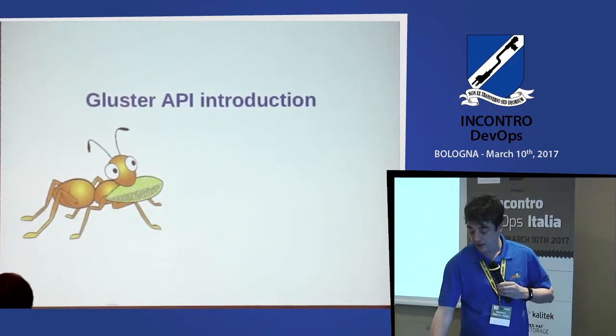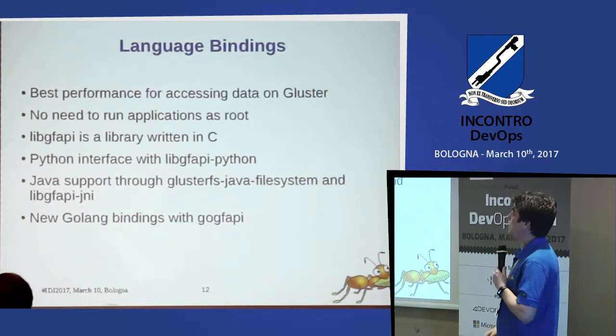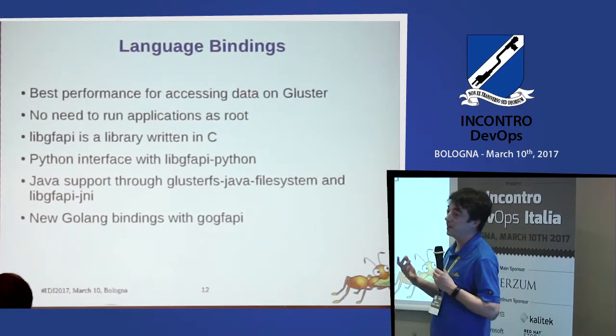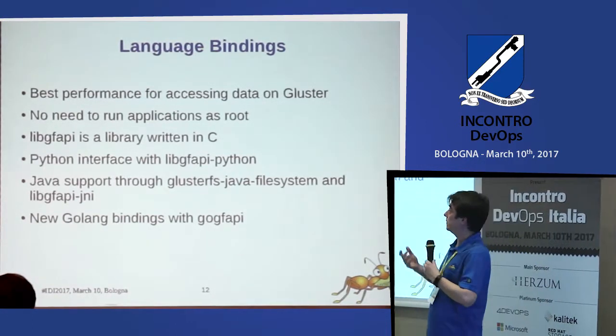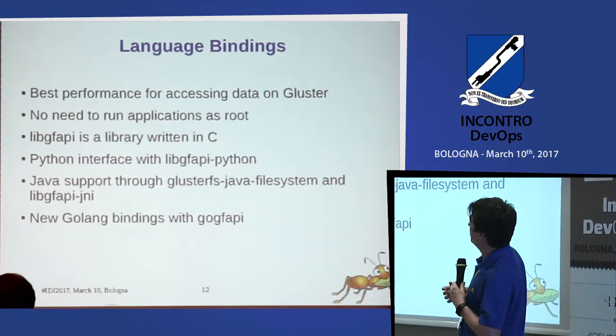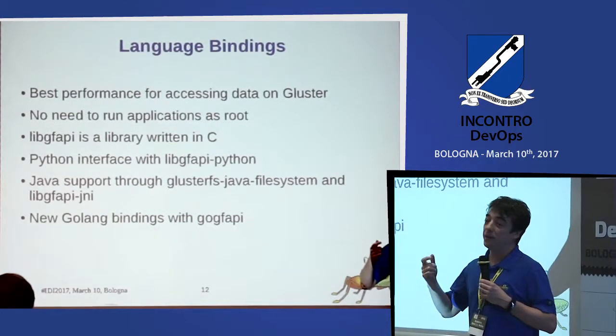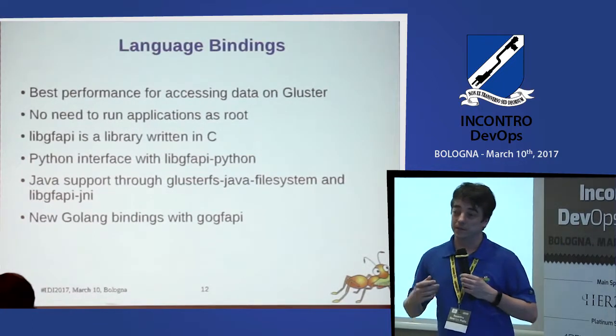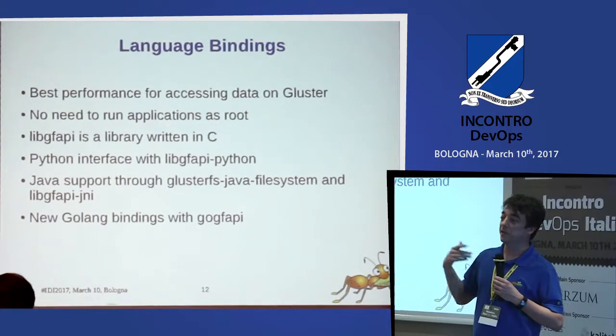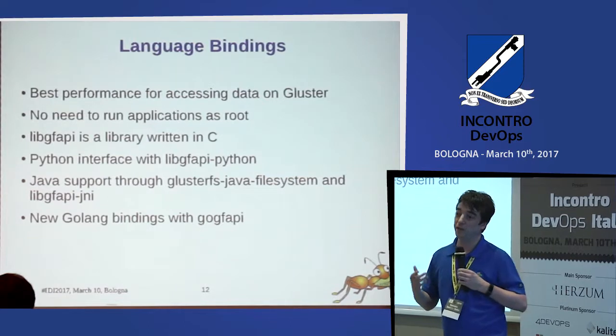So an API, we do have an API for applications that are actually written by most people. The API allows you to skip all the file system interfaces. That makes it much more performant. The file system interfaces are mostly just annoying.